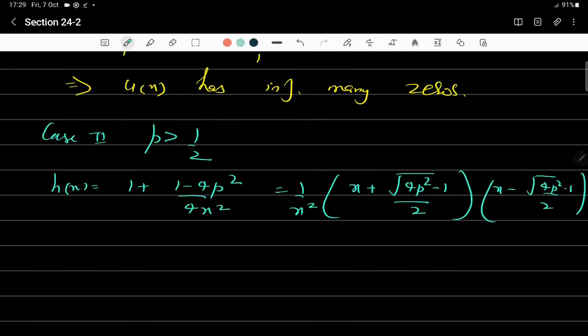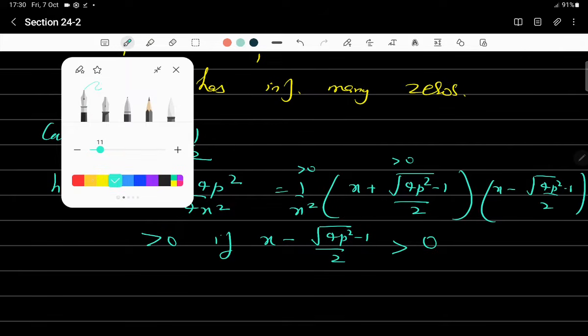Now if you see here, this term is positive, this bracket is positive, but for this bracket we cannot say anything. But at the same time I can say that this whole h of x is greater than 0 if x minus root 4p square minus 1 by 2 is greater than 0. Yes, then there is no problem.